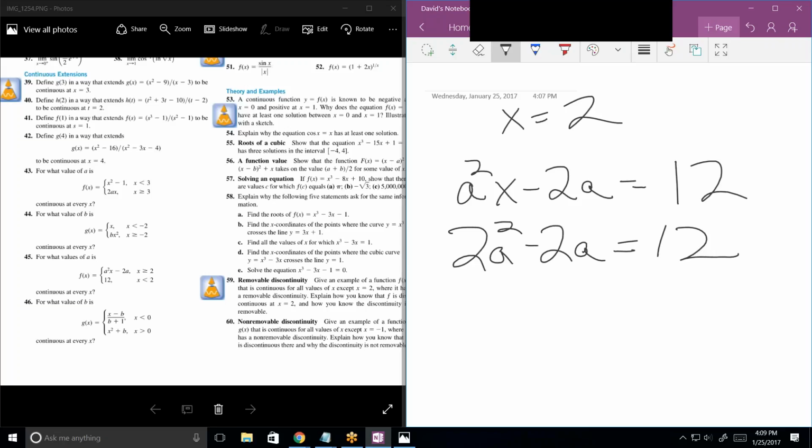When you see a quadratic, this is a quadratic. I have an a squared, I have an a, and I have a number. That's always a quadratic. You always solve quadratics by putting everything on one side and 0 on the other. So it's 2a squared minus 2a minus 12 equals 0. You can't solve it any other way.